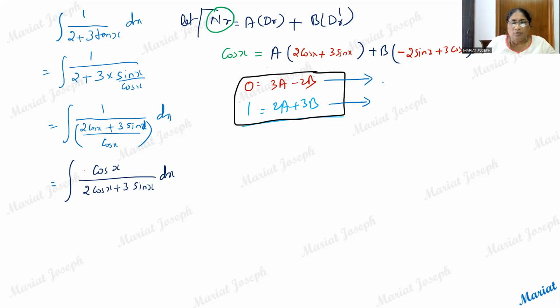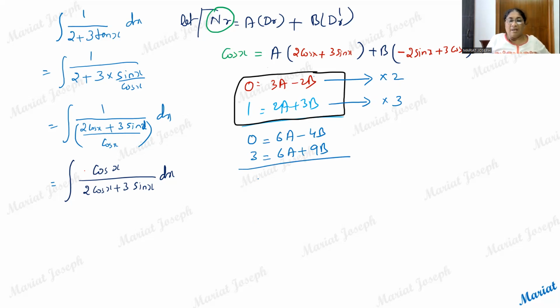First one I'm going to multiply by 2. Second one we are going to multiply by 3. So what are the equations? 0 equal to 6a minus 4b. Second one is 3 is equal to 6a plus 9b. Subtract. Minus 3 equal to minus 13b.